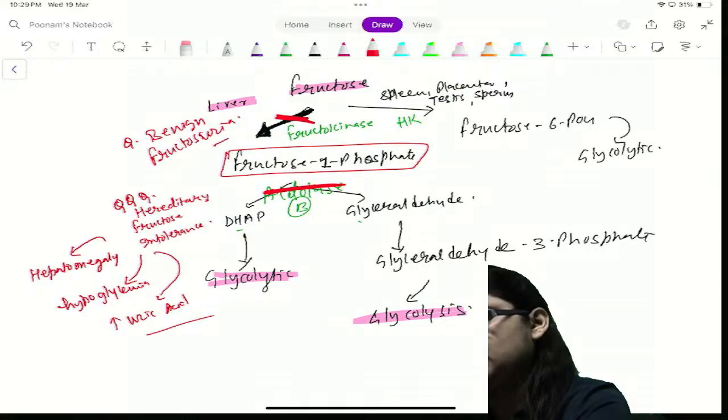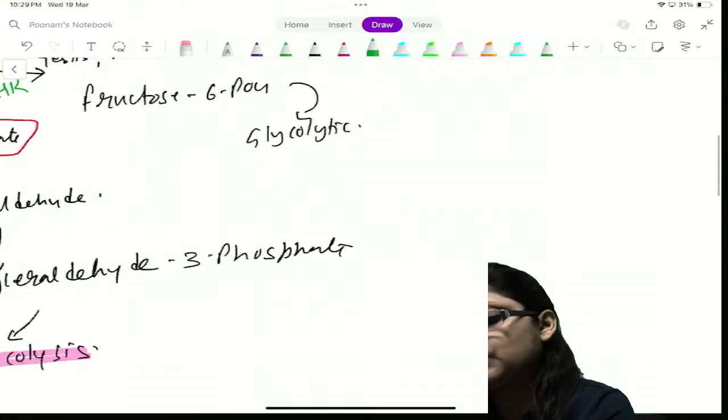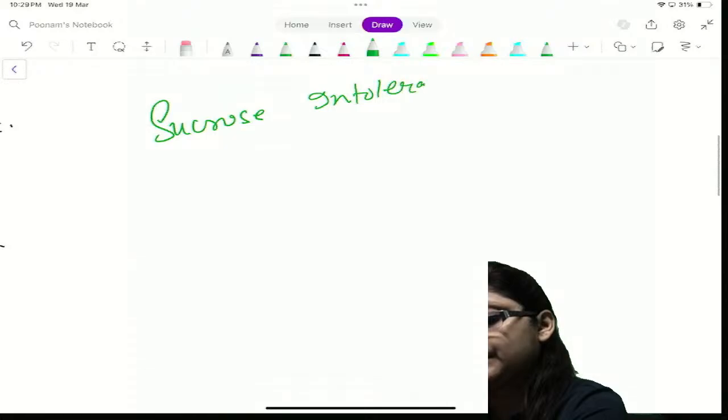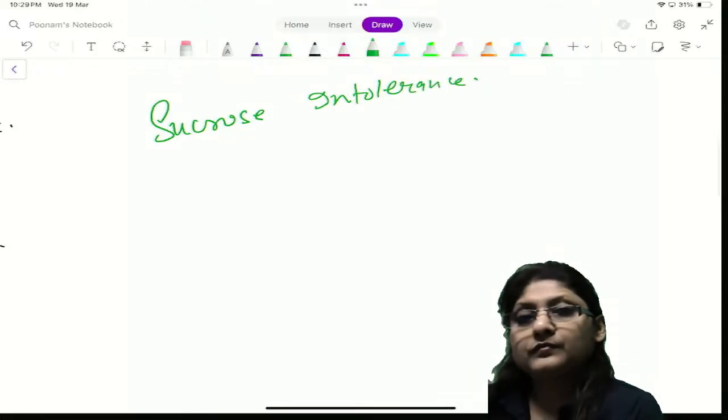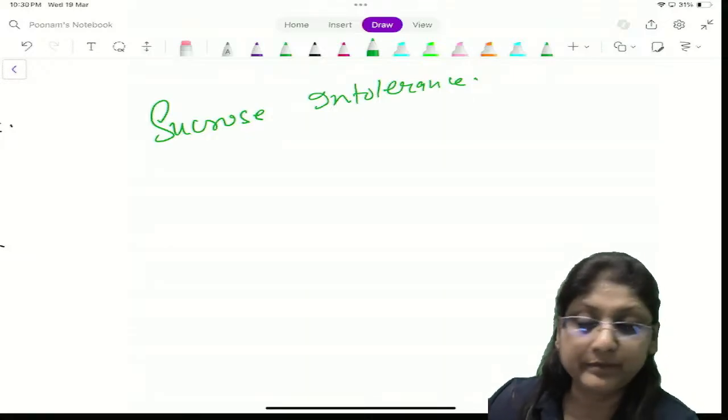Please understand that this fructose intolerance is different from sucrose intolerance. So now the question is, what is sucrose intolerance? As the name implies, here the sucrose is not tolerated by the body.